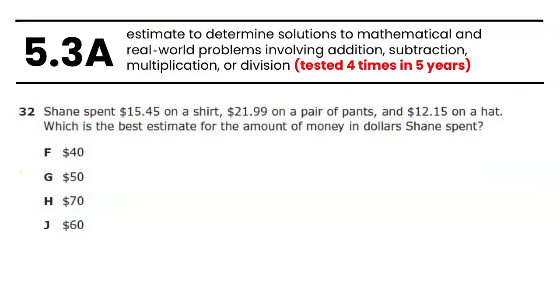As we look at this STAAR-released item, I want you to notice that the student is going to have to determine whether they're supposed to add, subtract, multiply, or divide in this real-world situation.